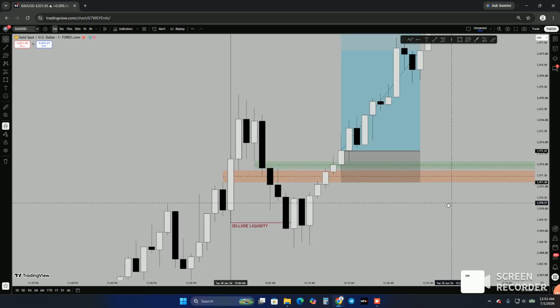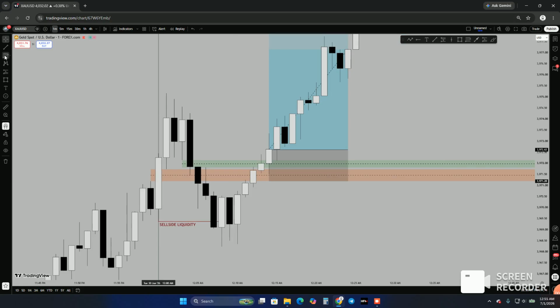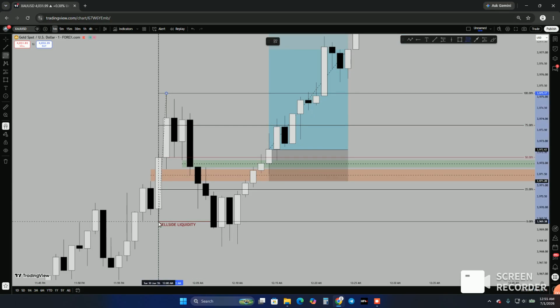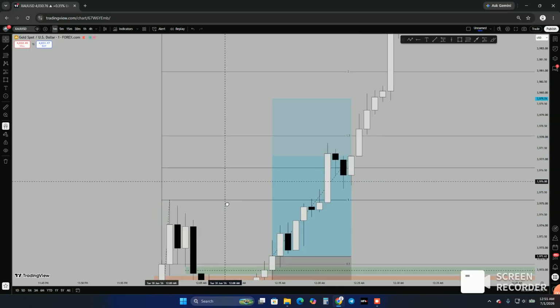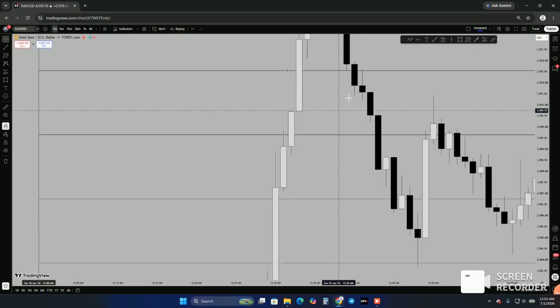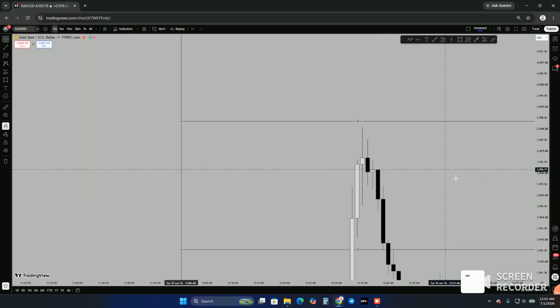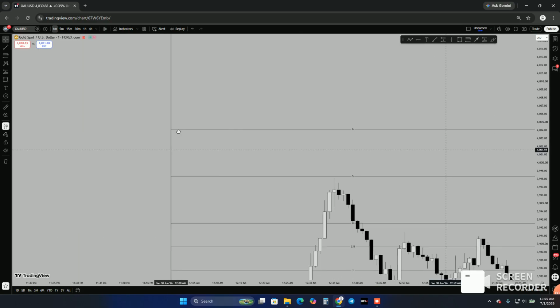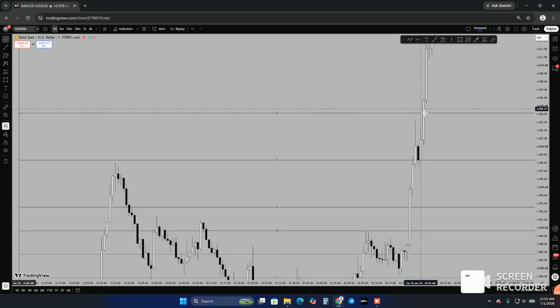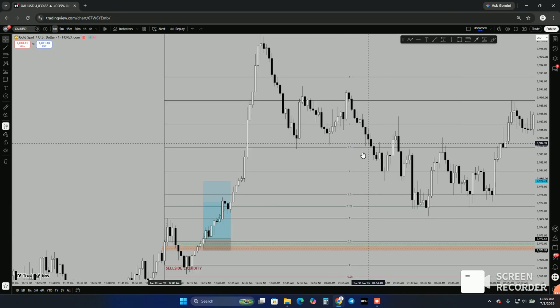What will be my target? This swing high, and from this low I would like to make the midnight STD. It could go up to 6 point for this day. You can see the 6 point.